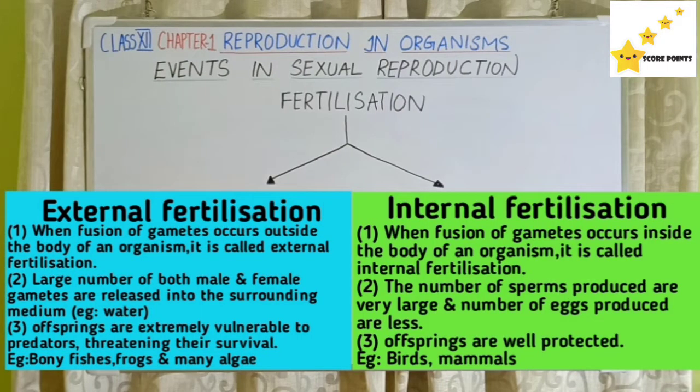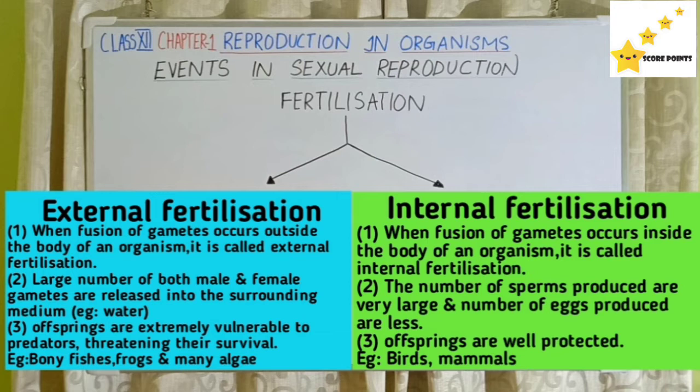Now let's learn the difference between external fertilization and internal fertilization. External fertilization is the fusion of gametes which occurs outside the body of organisms, whereas internal fertilization is the fusion of gametes occurring inside the body of organisms. A large number of male and female gametes are released into the surrounding medium in external fertilization.